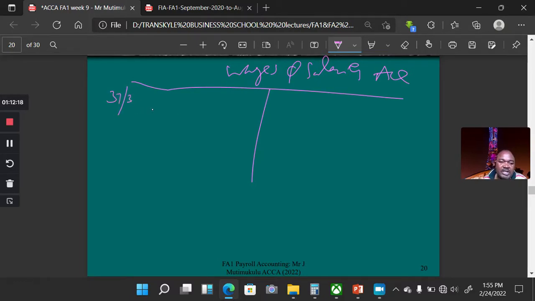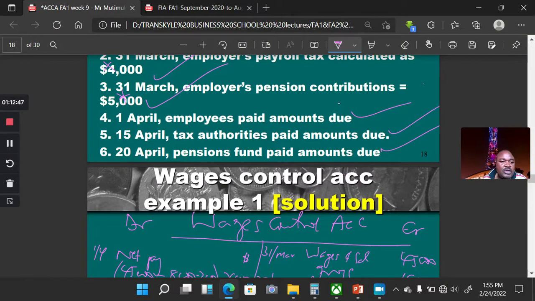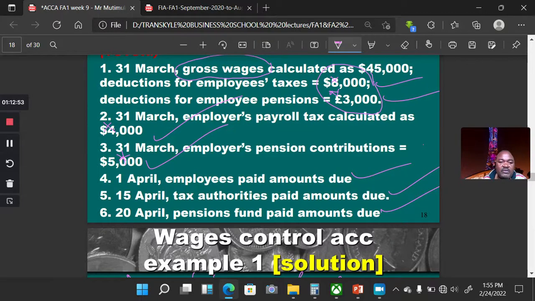So at 31 March we've got the gross pay, which was 45,000. Then we have to include employers' commitments: employer tax, or payroll tax. According to the question, the employer was paying 4,000.